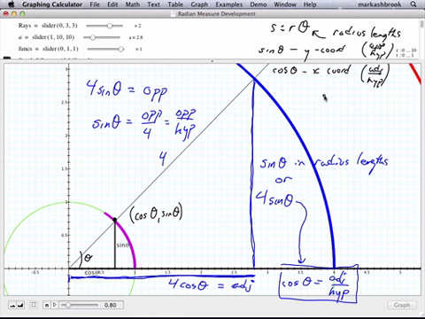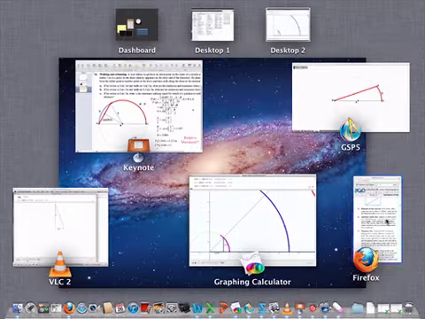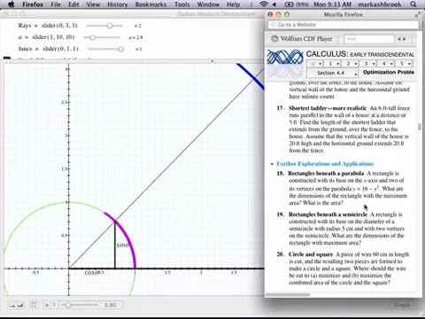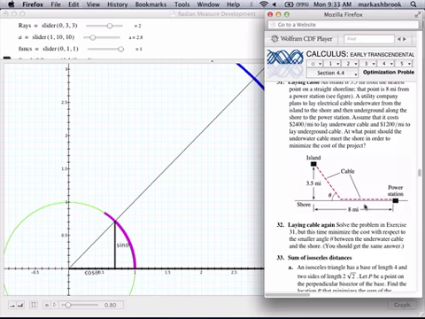Okay. So the pipe problem. Can I erase everything? Okay, there it is.